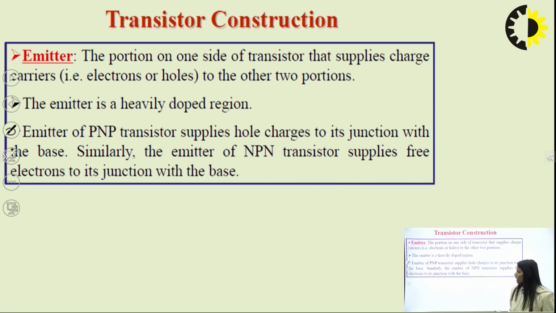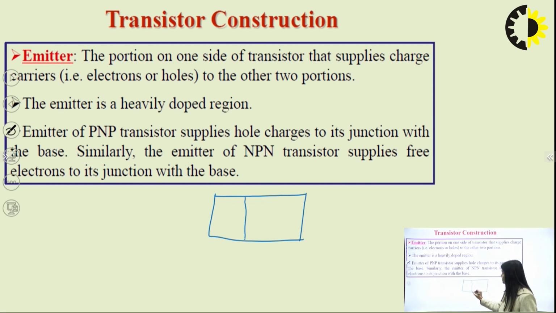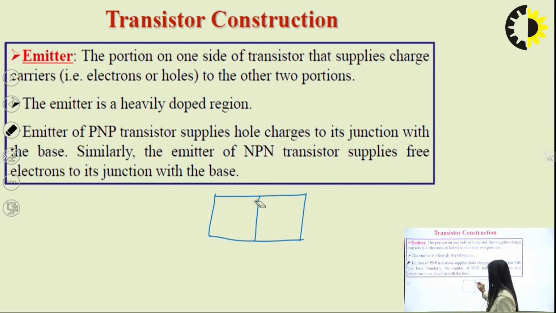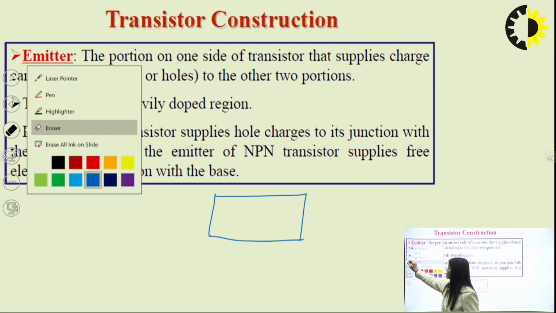That means if I have three portions, it is very simple to understand: this is my emitter, this is my base, and this width is quite larger.